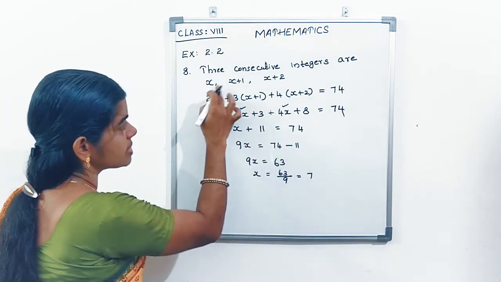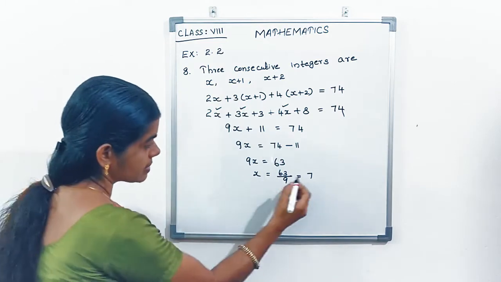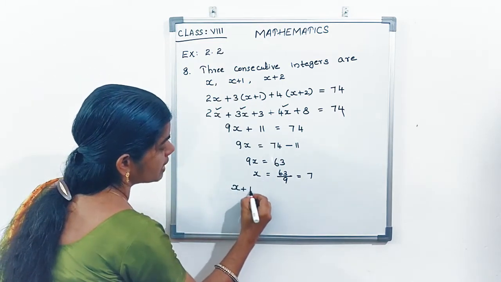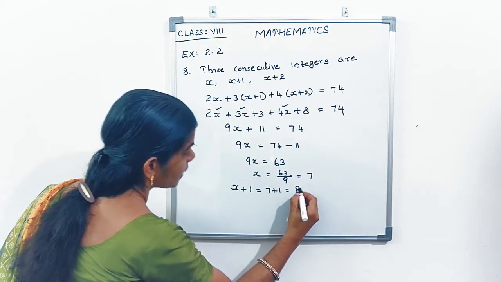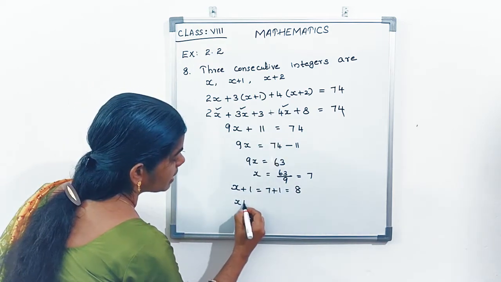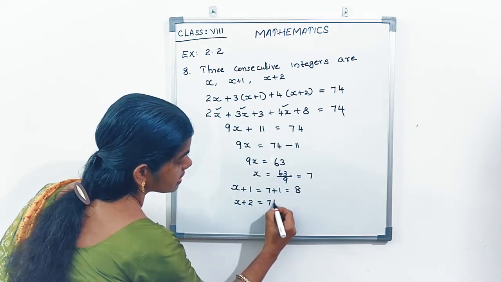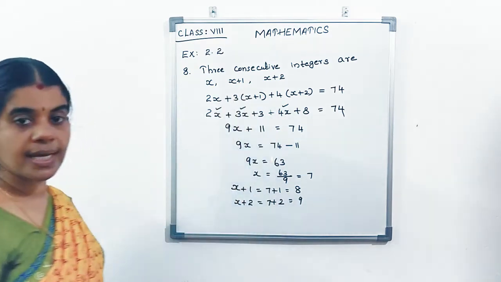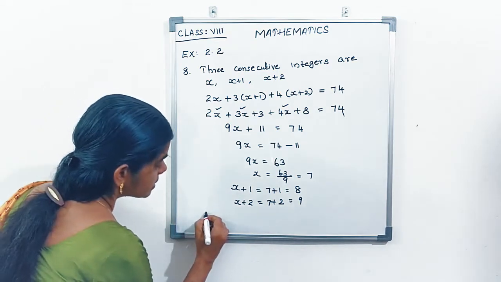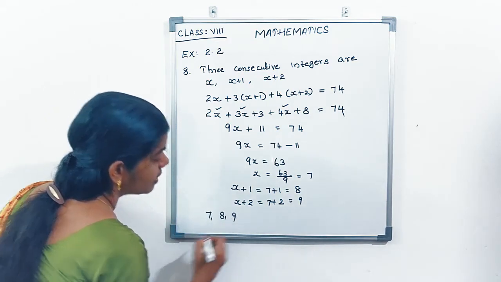The first consecutive integer is 7. Therefore, x plus 1 is 7 plus 1, that is 8. The next consecutive number is x plus 2, that is 7 plus 2, that is 9. Therefore, our three consecutive integers are 7, 8, 9.